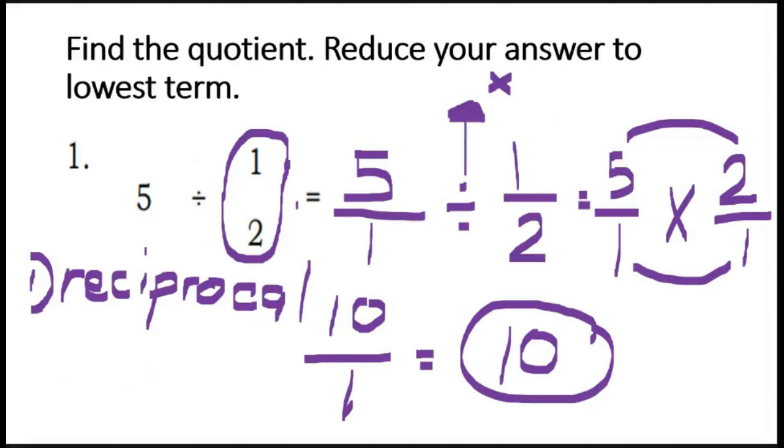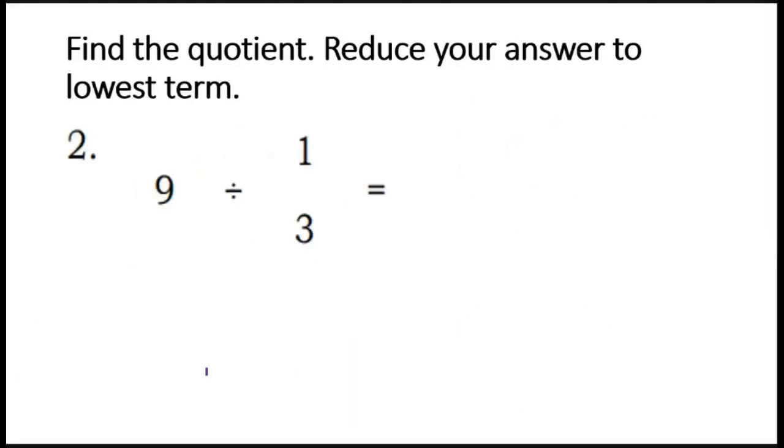Yung denominator, gagawin mong numerator, at yung numerator, gagawin mong denominator. So, ang reciprocal nito ng 1/2 ay 2 over 1. And then, pangalawa, so first, reciprocal. The second one is proceed to multiplication. Magmo-multiply ka na.